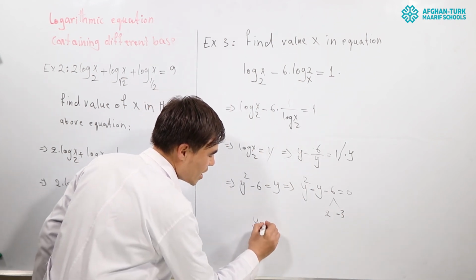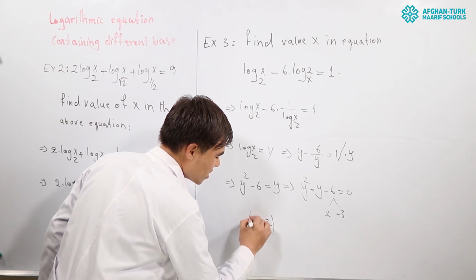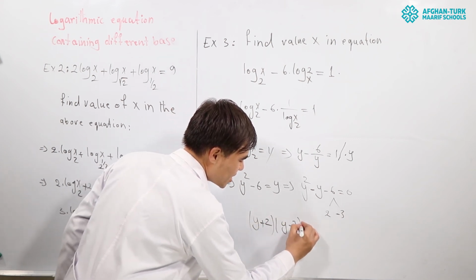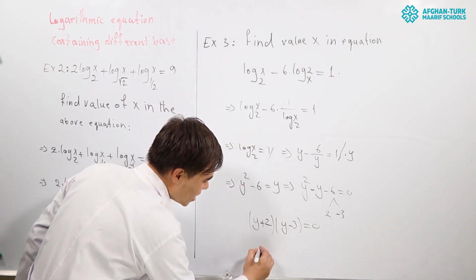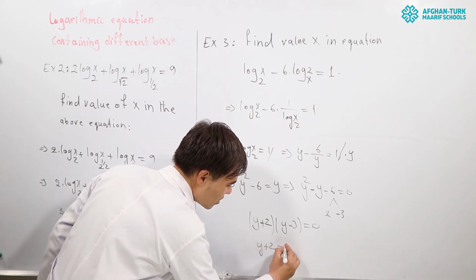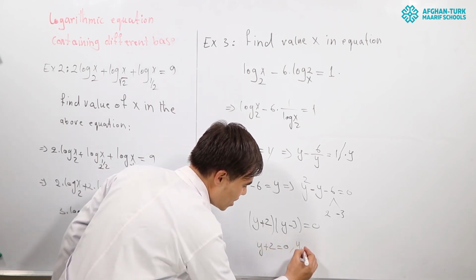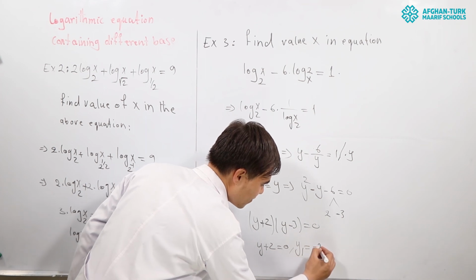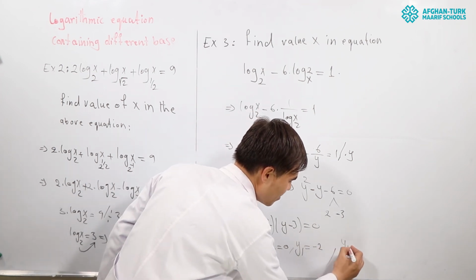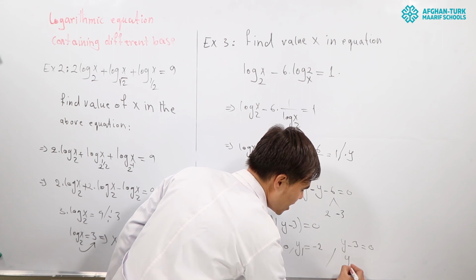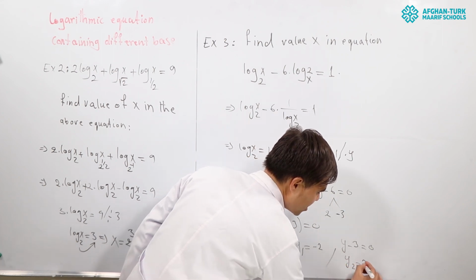Then y plus 2 times y minus 3 is equal with number 0. Here y plus 2 is equal with 0, so y1 will be negative 2. Here y minus 3 is equal with 0, so y2 will be positive 3.